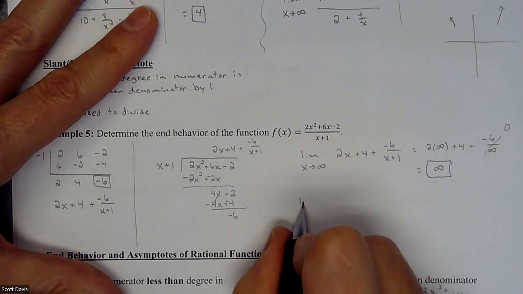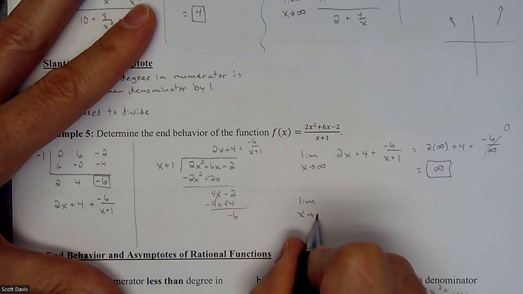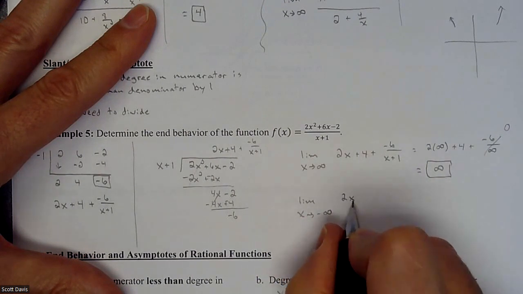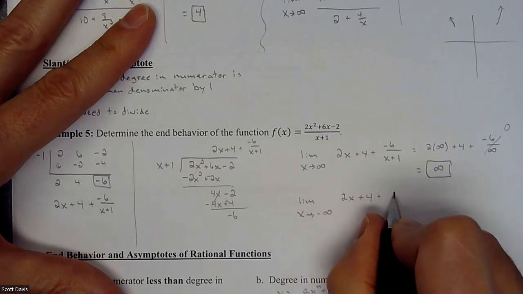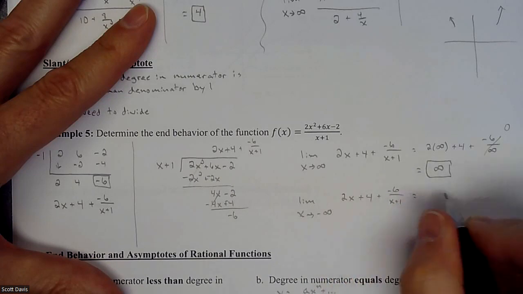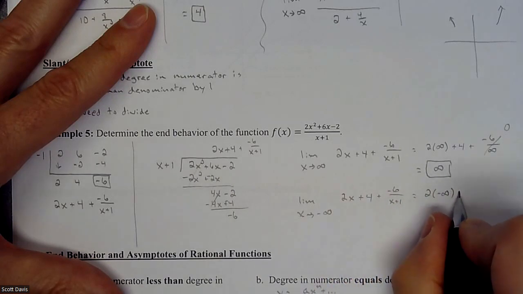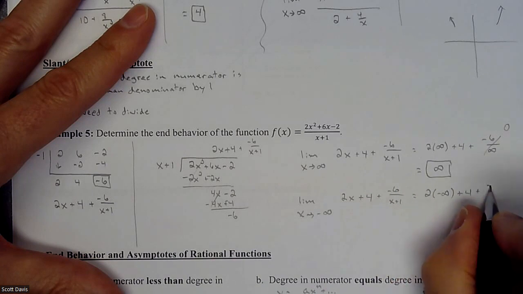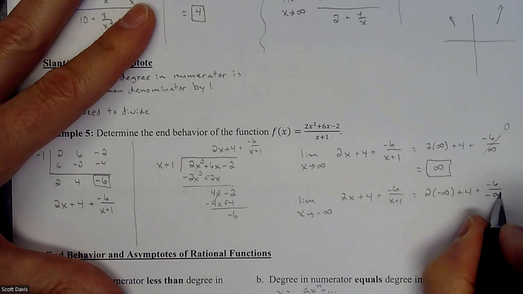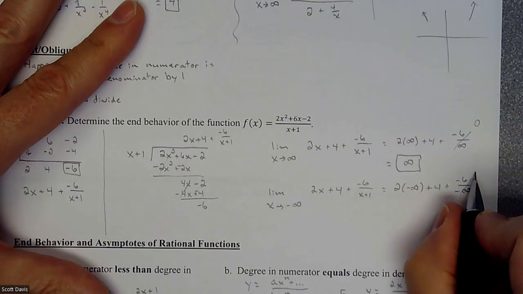Then if we did the other side, as x approaches negative infinity, we got the exact same thing: 2 times x plus 4 plus -6 over x plus 1. We have it now at 2 times negative infinity, negative values, plus 4 plus a -6 over, this time, negative infinity, which isn't going to matter because this whole thing is going to be approaching 0.